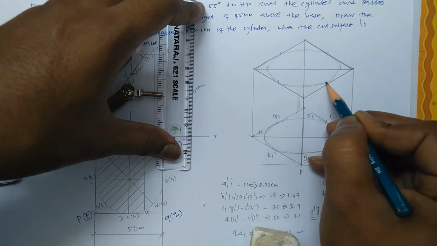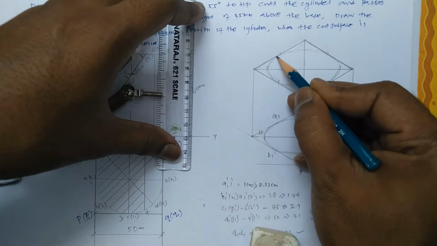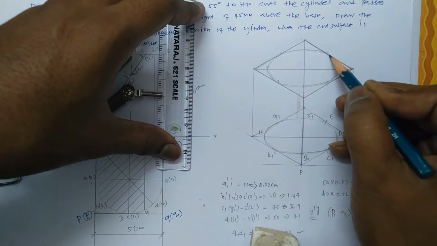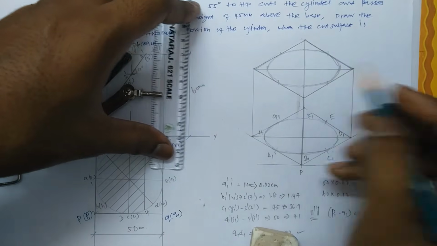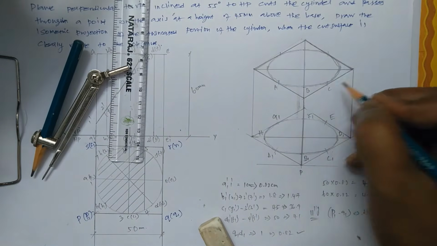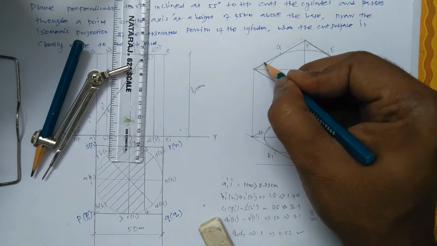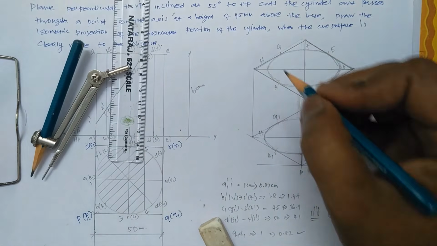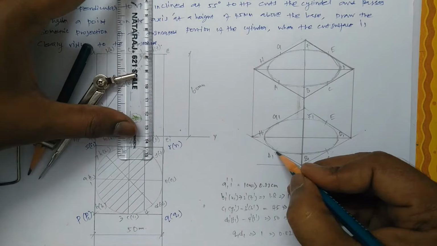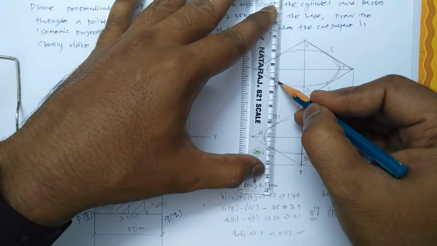Now the cylinder is kept in the box. We have measured from the reference and we have transferred it. So the measurement is supposed to be only from PQRS. Now let us mark the height, A to 1, B to 2, C to 3.